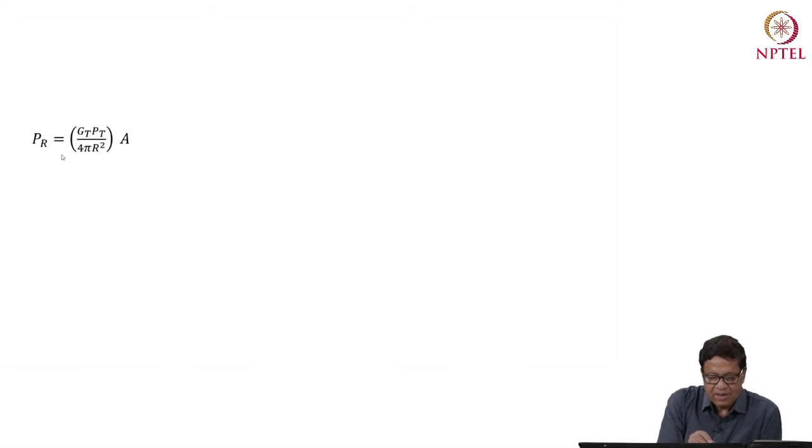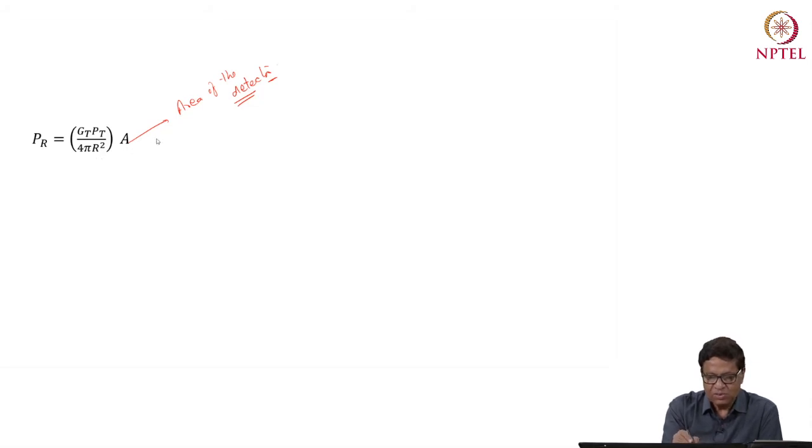So PR, the receipt power, now it is falling on some area of the detector. This is the area of the detector or area of the receiving device. So GT PT divided by 4 pi r square is the transmit part. GT is the transmitter gain. PT is the transmit power divided by the 4 pi r square.